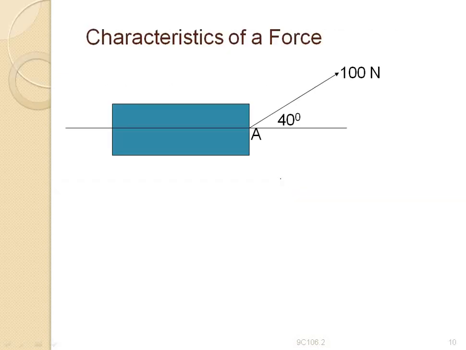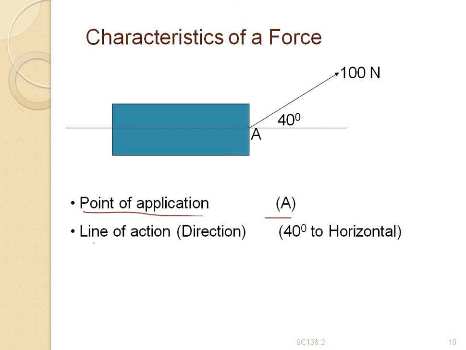Here you can also see another example. Point of application A, the line of action is in the direction 40 degrees to horizontal. We will say it is 100 newtons of load, 40 degrees to horizontal. So this is the horizontal.